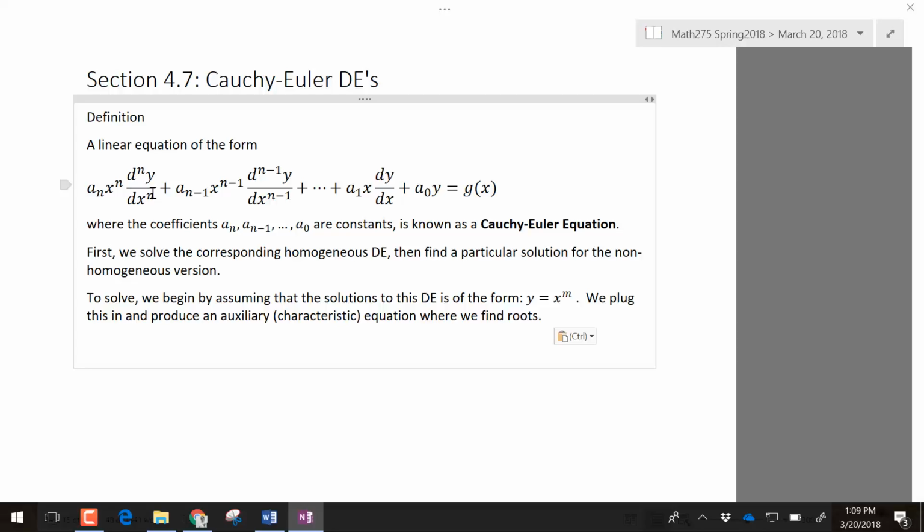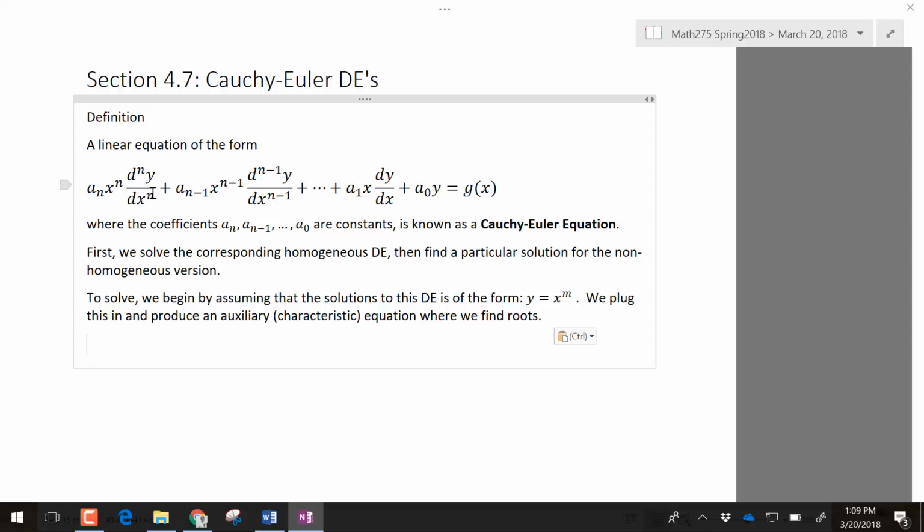Just like the other case that we had, we're going to run into special cases, because we're going to run into the quadratic formula again.